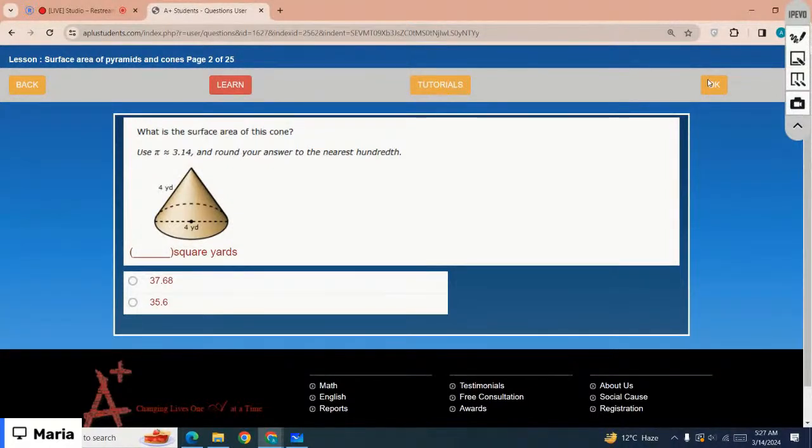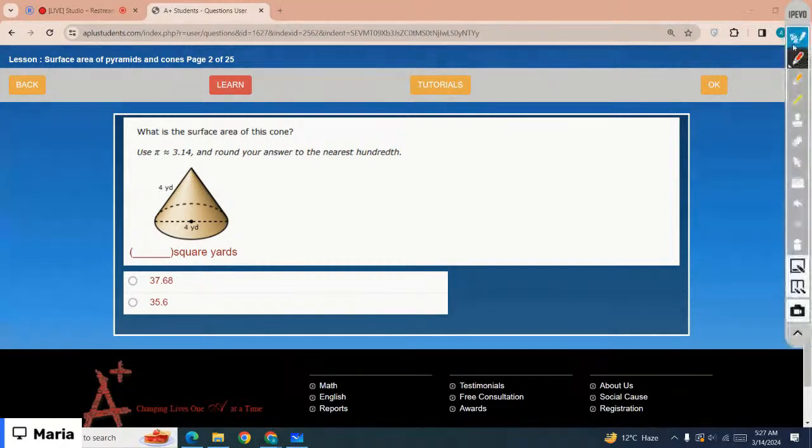The next one is to calculate the surface area of the cone, right? When you calculate the surface area of the cone, you are given the height and the diameter, right? You have to calculate the area of the base, right?